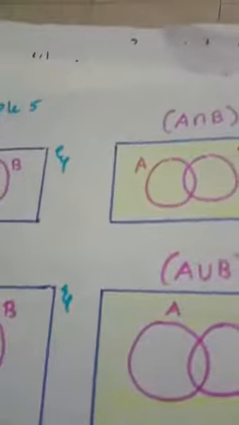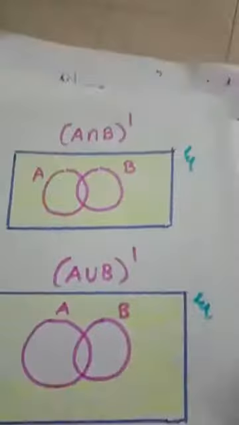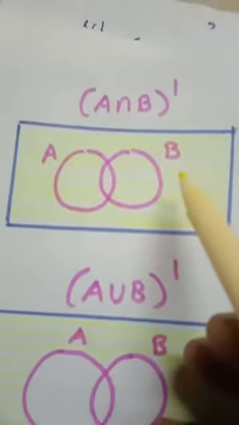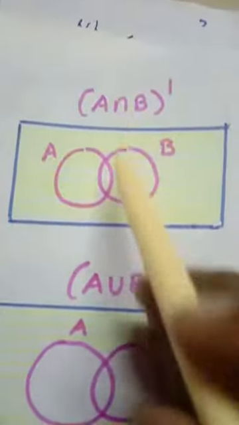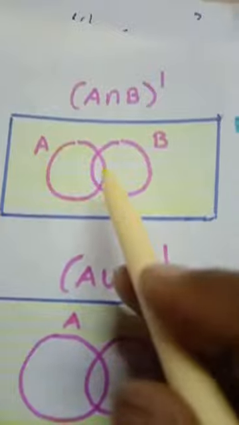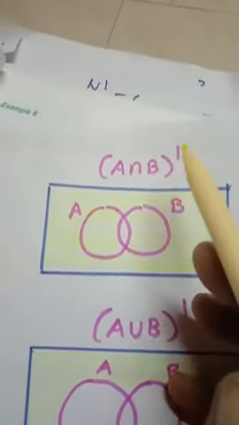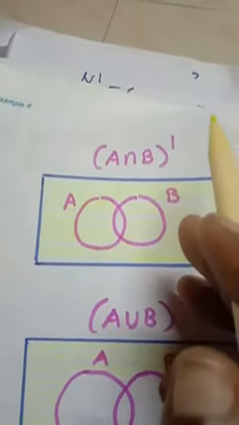Okay. Now how to mark A intersection B complement? A intersection B means the common section for A and B. This one. What do you mean by A complement?